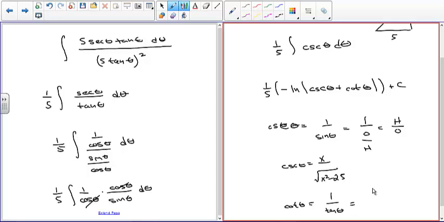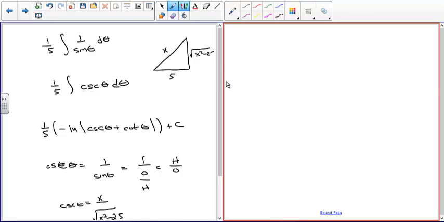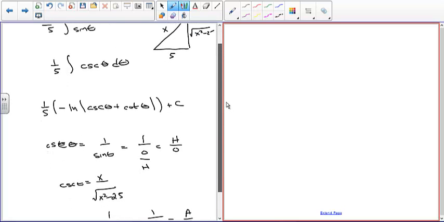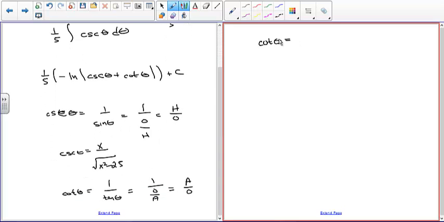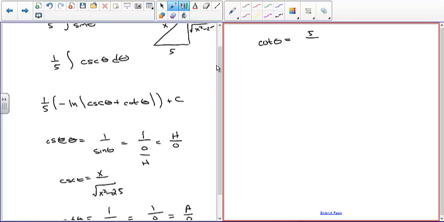So you don't have to know anything but SOHCAHTOA. Tangent is opposite over adjacent. Therefore, cotangent is adjacent over opposite. And therefore, I go to my triangle, and adjacent is 5. So the cotangent of theta is the adjacent, which is 5, divided by the opposite, which is the square root of x squared minus 25.